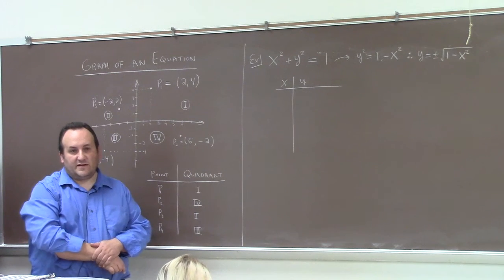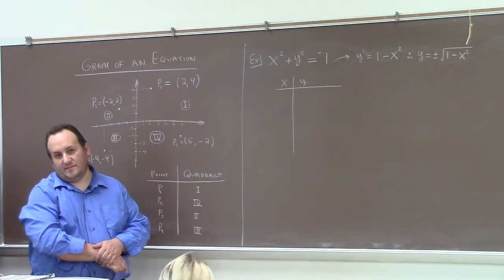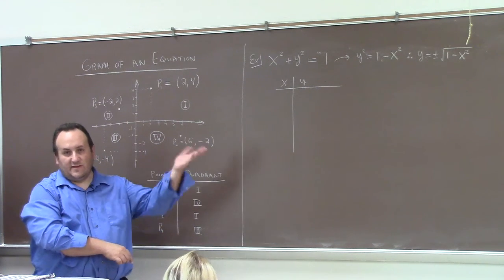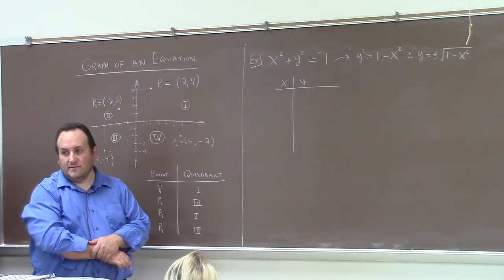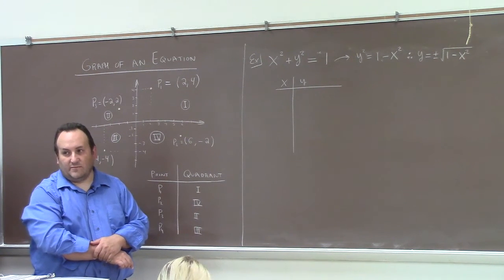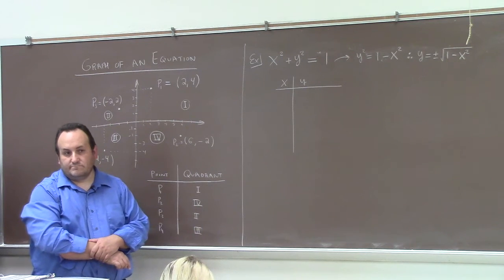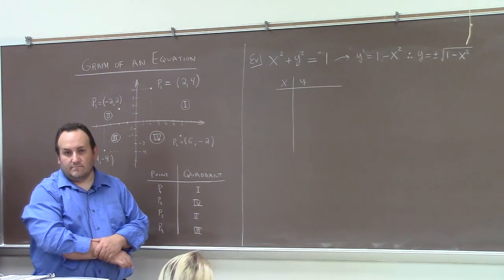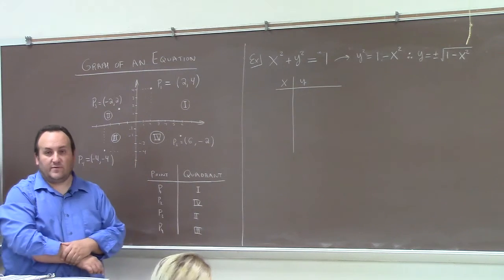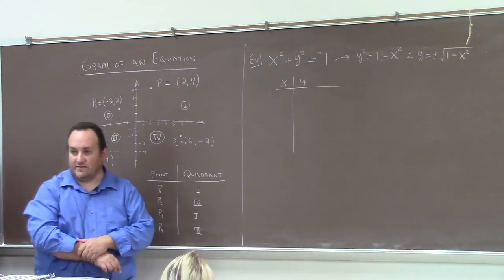I'm pretty sure all the algebra steps I just made are ones you've seen before, but maybe you haven't used them to do this. That's okay. If you don't like this, you could just work it out point by point. But that is how you solve for y here. The trouble is we could have either plus or minus, right?